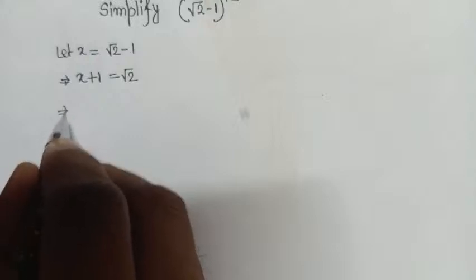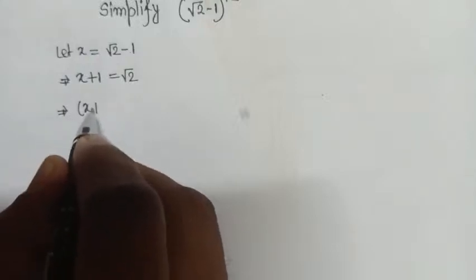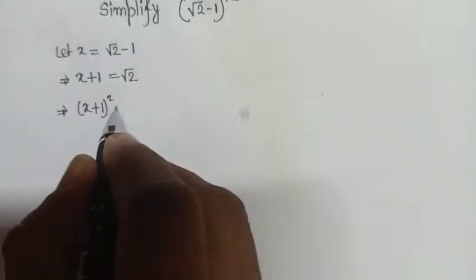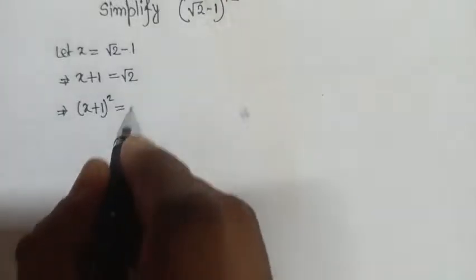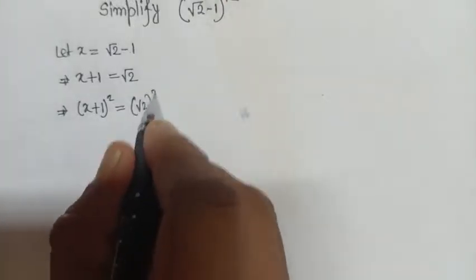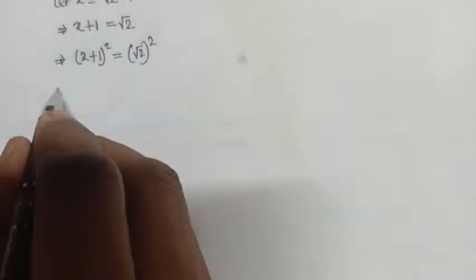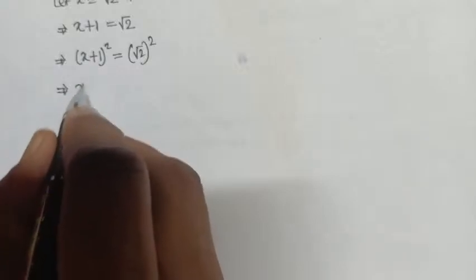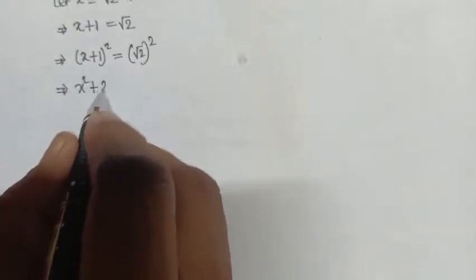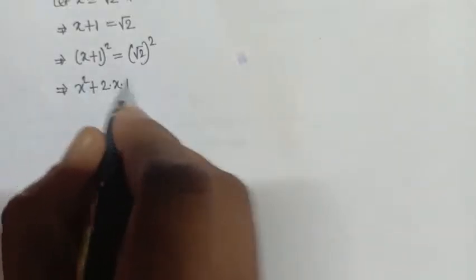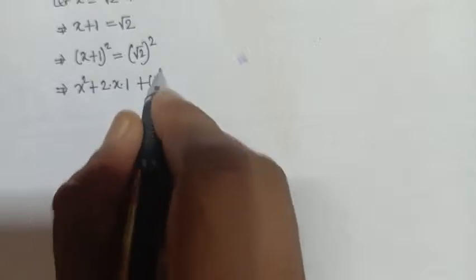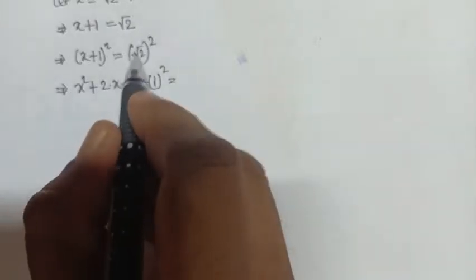Now we square both sides: (x plus 1) squared is equal to (root 2) squared. So we get x squared plus 2x plus 1 squared, and here the root and square cancel out, so we get only 2.